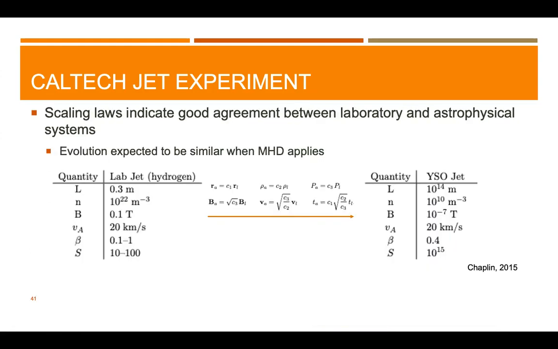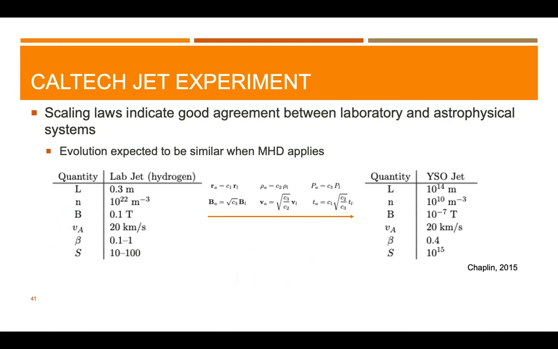There are two ways to do scaling. You can use this set of scaling laws right here. C1, C2, and C3 are related to VA, beta, and S, or you can just compare VA, beta, and S straight across. So for our lab jet with hydrogen and a YSO jet, these are sort of representative numbers.